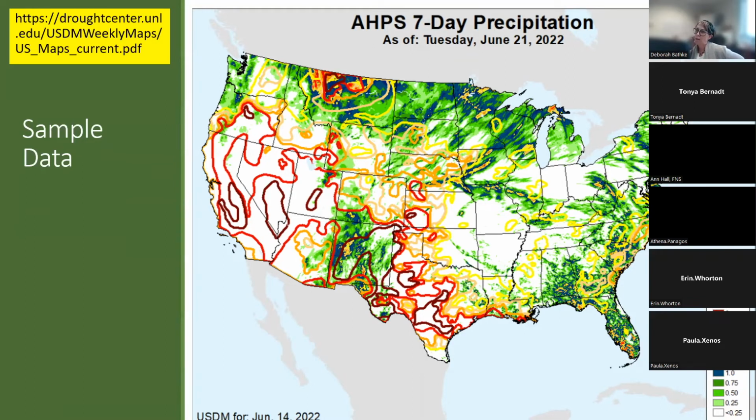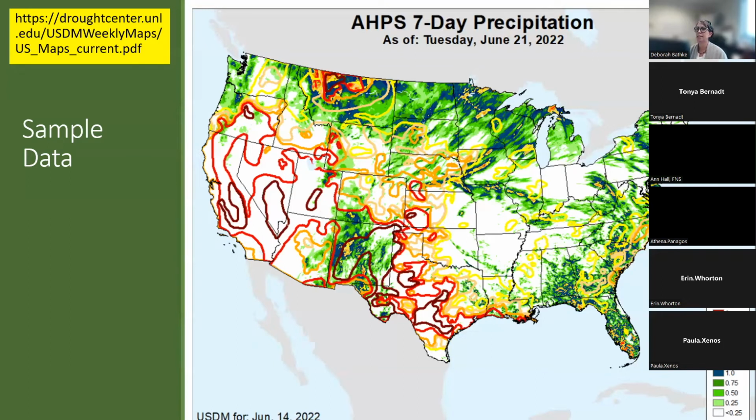So what I think almost all of us do is we start by looking at where it rained and where it didn't rain. And because it's in a geographic information system, we can take the lines from the previous week's maps, turn off the shading, and then lay those right on top of the estimates of rainfall.